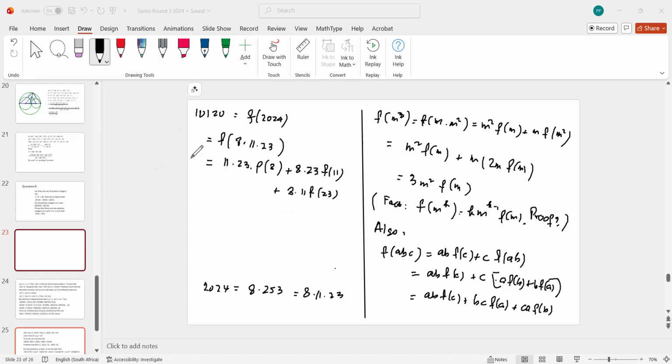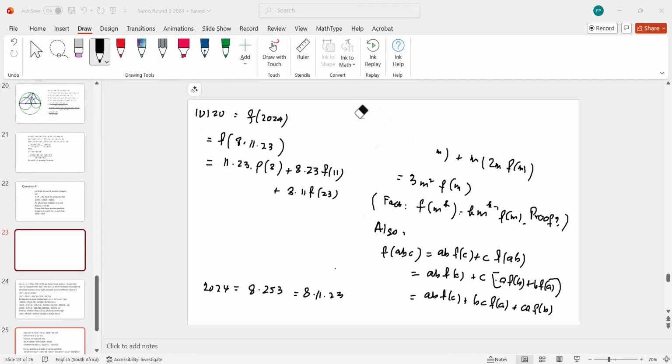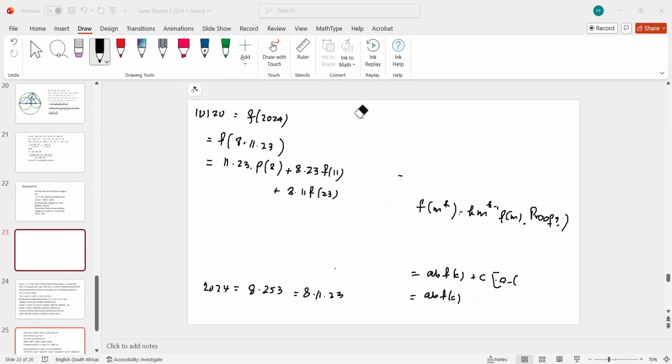So this is equal to, when you factorize this, I just want to clear up the space here. And I want to put this in this line.